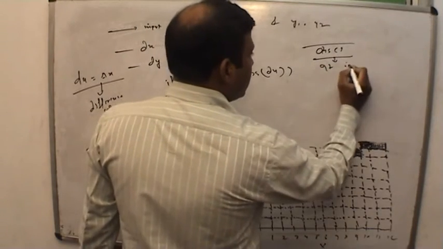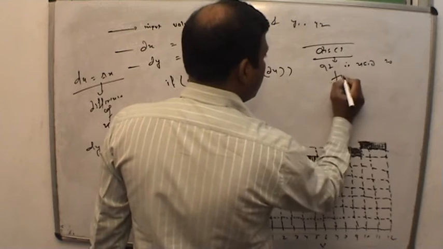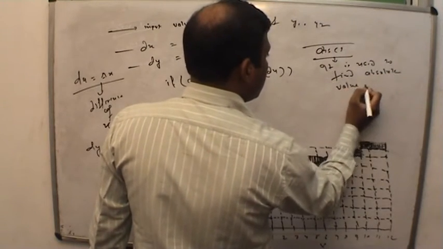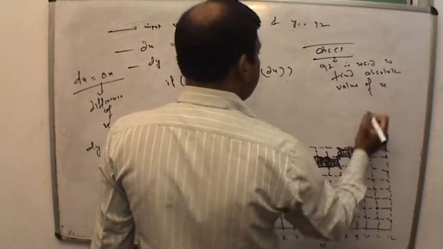The ABS function is used to find the absolute value of x.